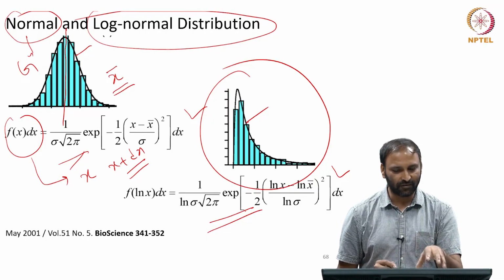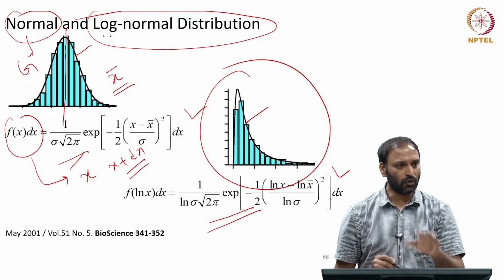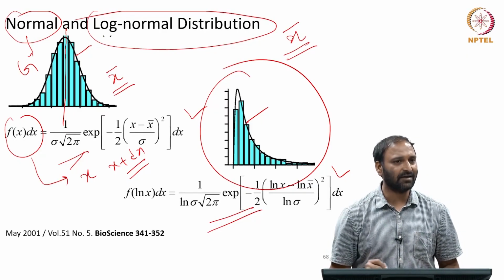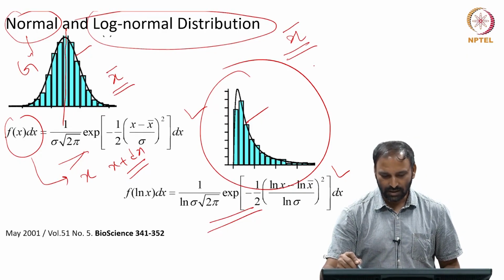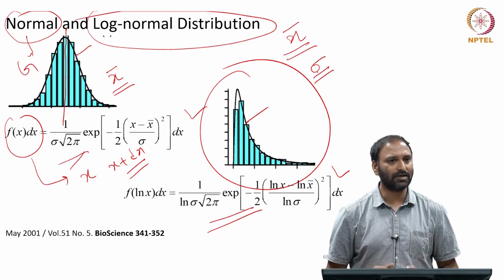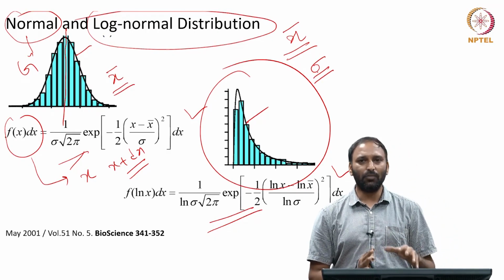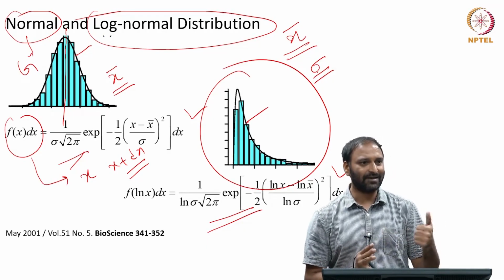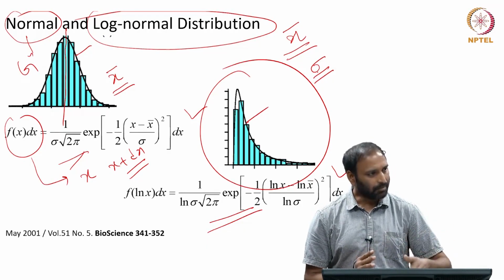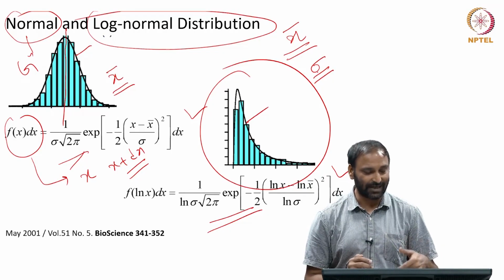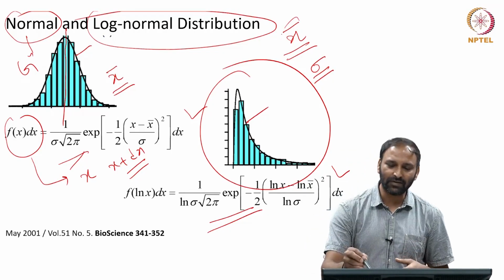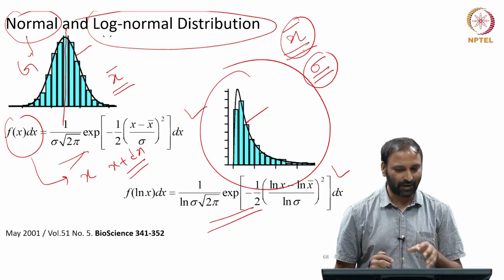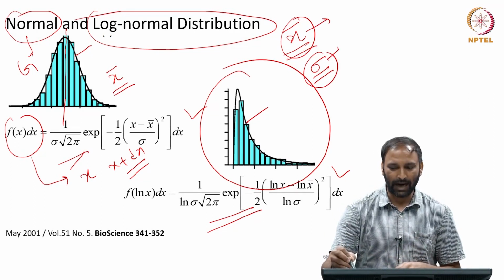Okay. And the objective of fitting these functions to the size distribution data, as I said, is to get the average size x bar and your standard deviation. Okay. So, once you have done that, you have been able to characterize your particles for the average size and the standard deviation, and there are ways by which I can calculate what is called a polydispersity index from such x bar and sigma.